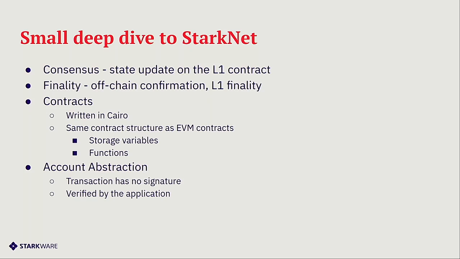I don't think it will have any meaning right now, but when you want to send a transaction, it doesn't ask you to sign it. Okay, we'll see how we handle signatures in the demo. So these are, I think, the relevant properties currently of StarkNet.